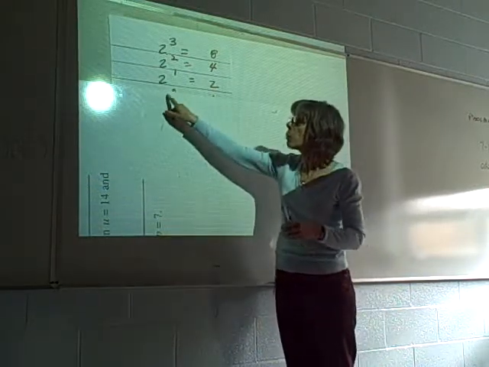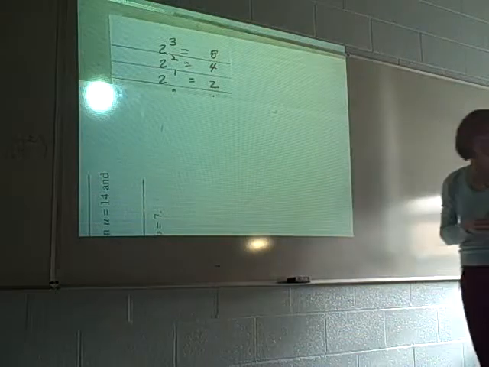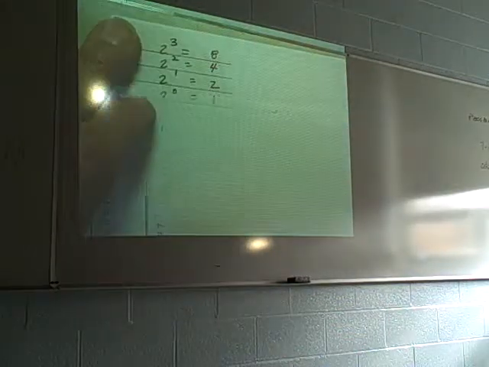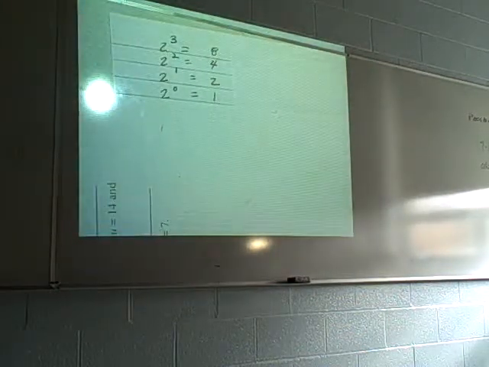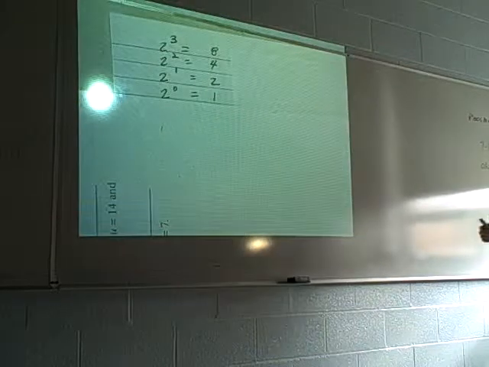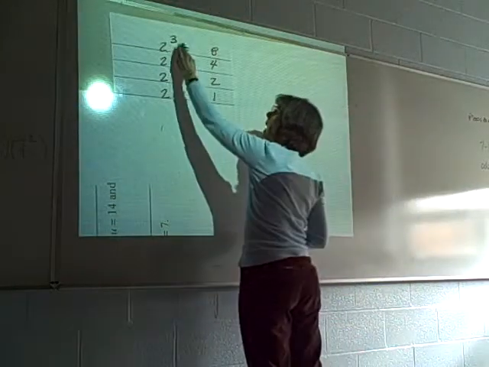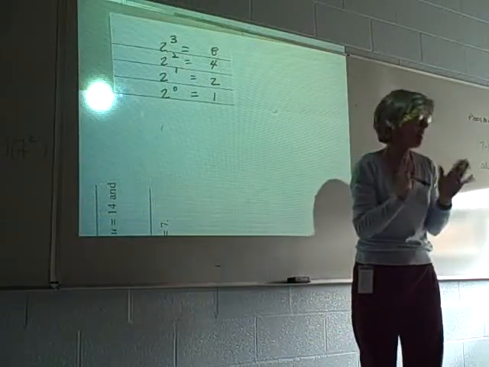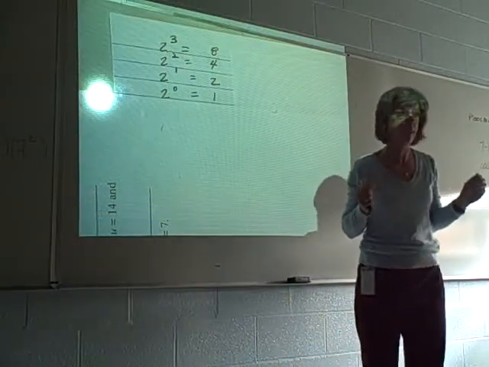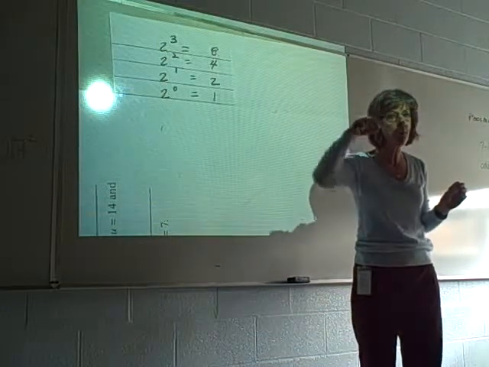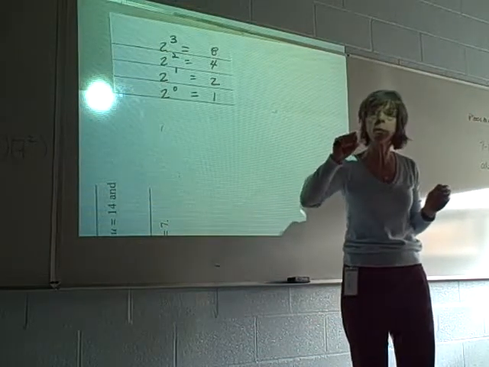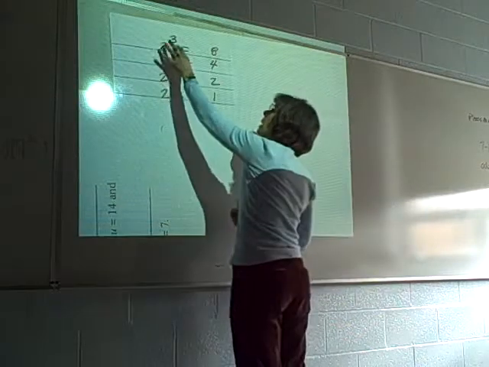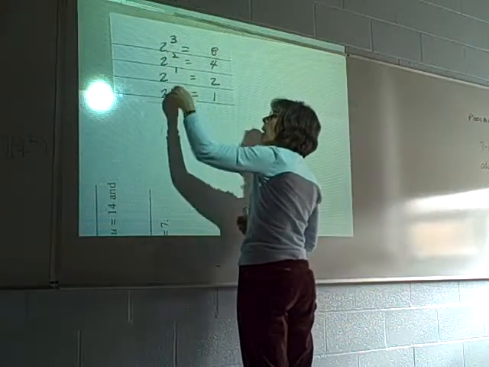So what would make sense for 2 to the 0 to be? One. Right there. Whoever came up with the idea of exponents was brilliant, because we're going to talk about where negative exponents fit into this. So my numbers are decreasing by 1.